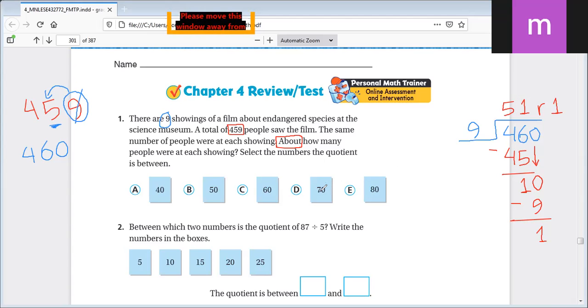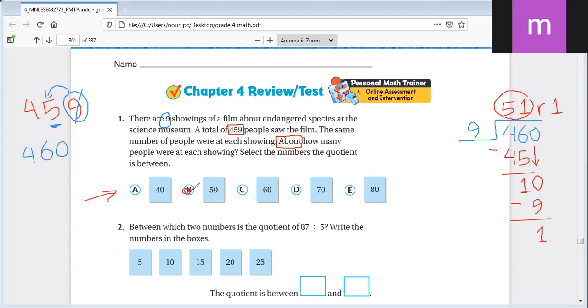So what are the numbers the quotient is between? Can you choose from here? I'm talking about 51. 51 is between what and what?